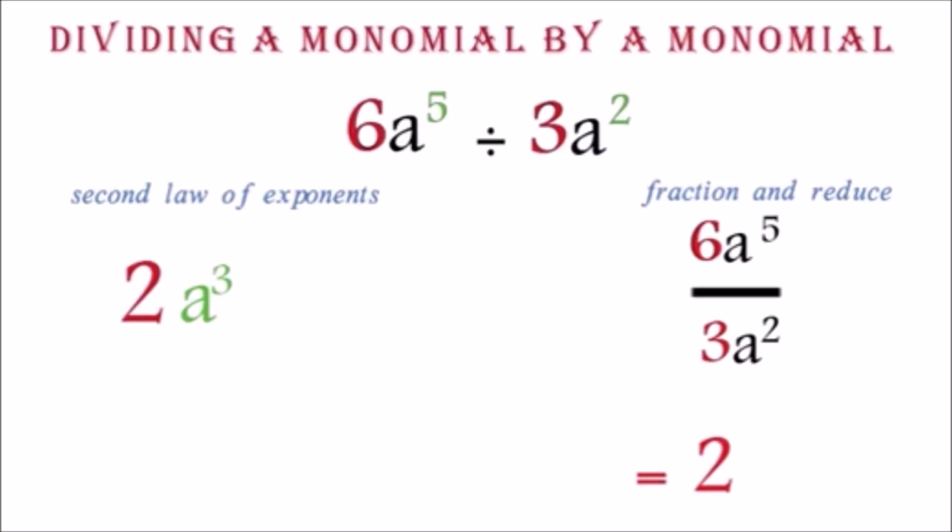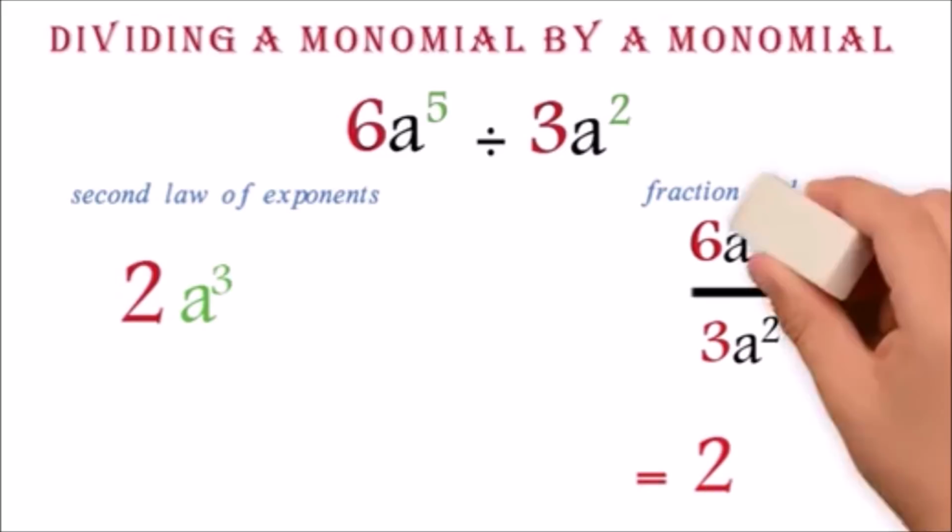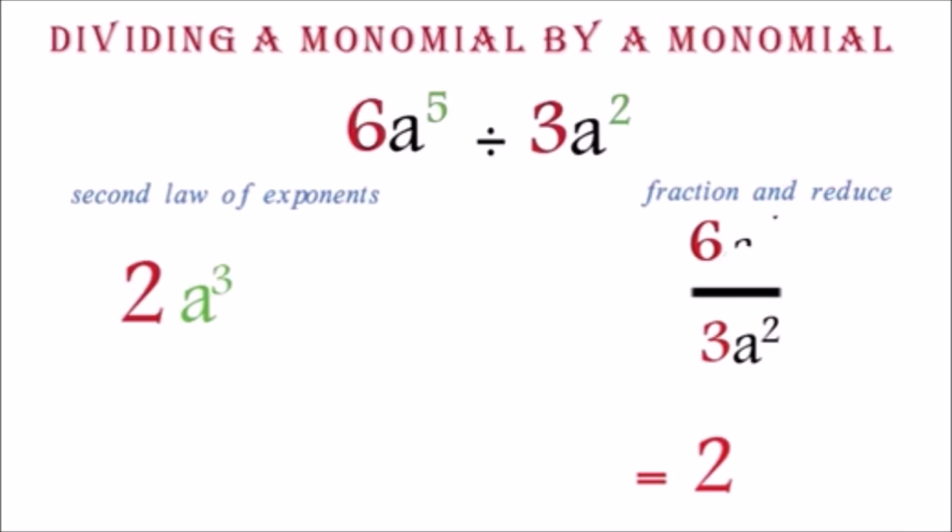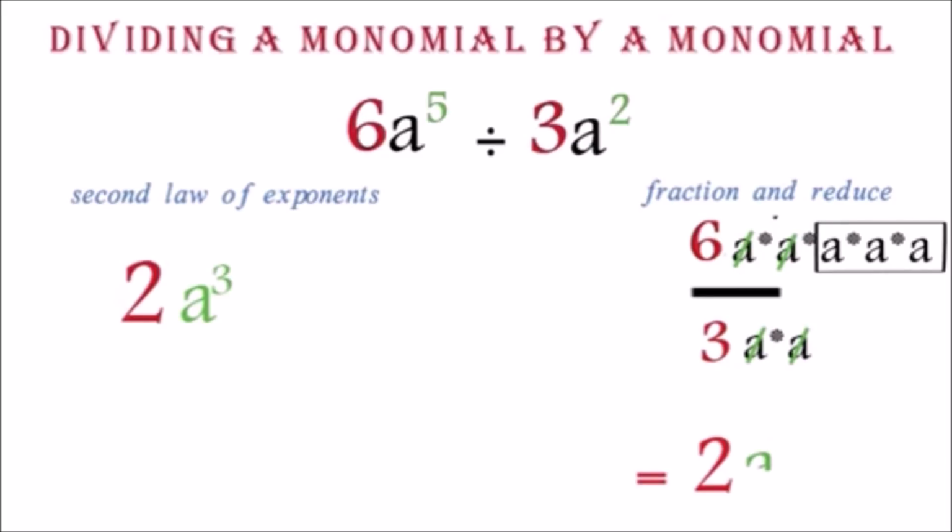Next, we know that a exponent 5 means 5 a's multiplying each other. A squared is a times a. 2 of the a's at the bottom can cancel 2 at the top. We are now left with 3 a's at the top, which is written as a cubed. So our final answer is 2a cubed.